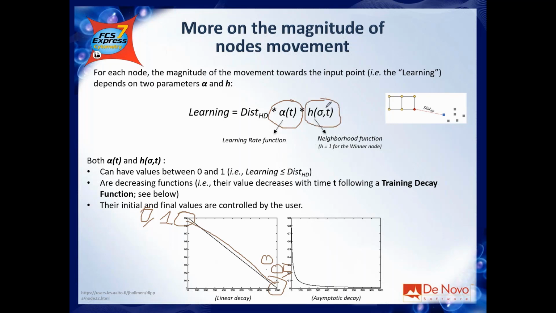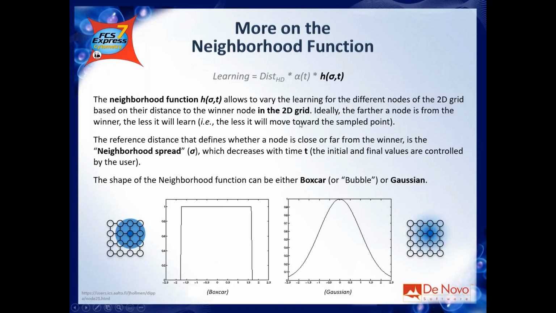The h, so the neighborhood function, is, I would say, more complex. It's not just a number, it's an actual function. Actually, also the alpha is a function, as you can see below. But anyway, the h is called the neighborhood function and dictates how the other nodes, not the winner node, move.